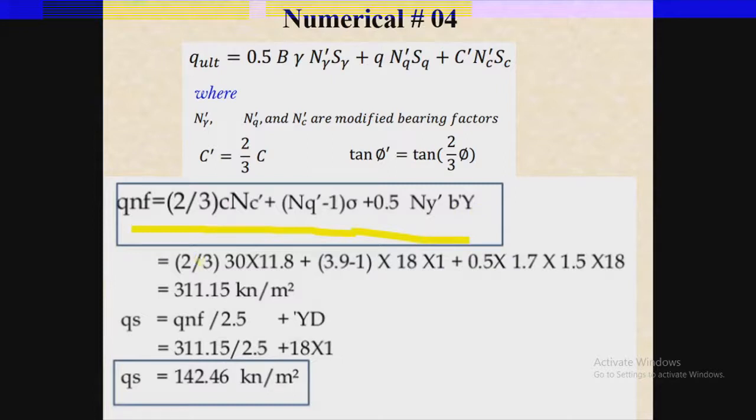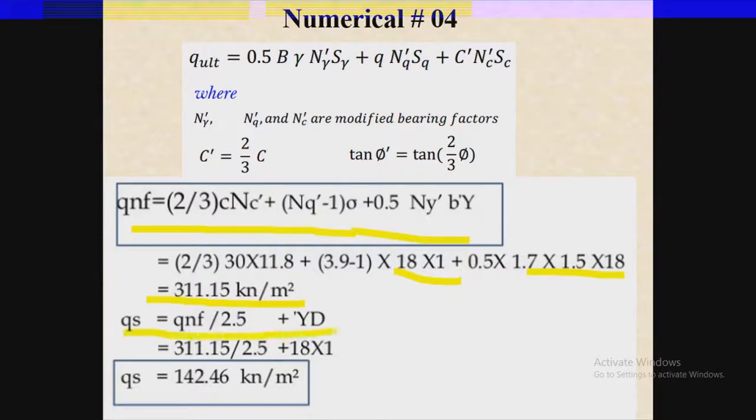So 2 by 3 C, value of C is 30, NC prime is 11.8, NQ prime is 3.9 minus 1, gamma into the depth of the foundation, gamma is 18, depth of foundation is 1, 0.5, N gamma prime is 1.7, B is 1.5, and gamma is again 18. So solving this equation, we will get the net ultimate bearing capacity as 311.15 kilonewton per meter square.